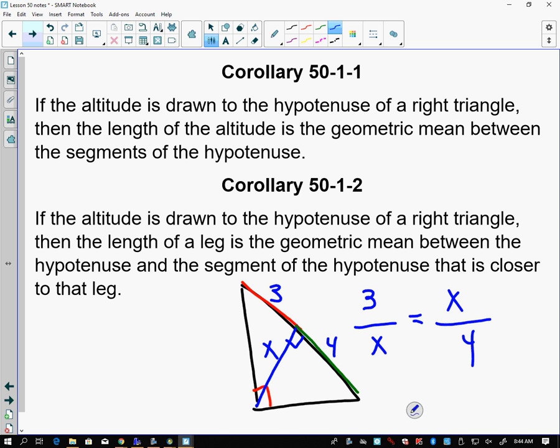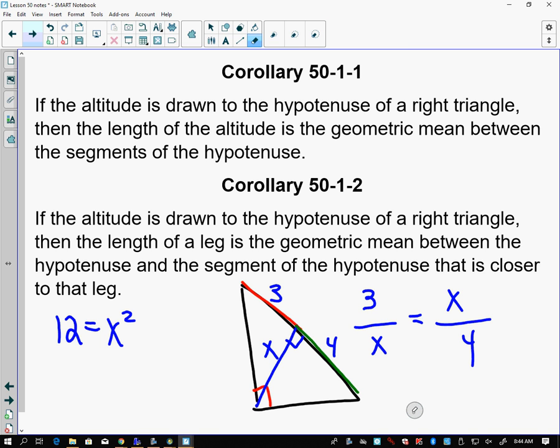And so I could solve for the altitude. I'd get 3 times 4 is 12, and 12 would equal x squared. And so I'd find the square root of 12 to find the length of the altitude. Does that make sense?